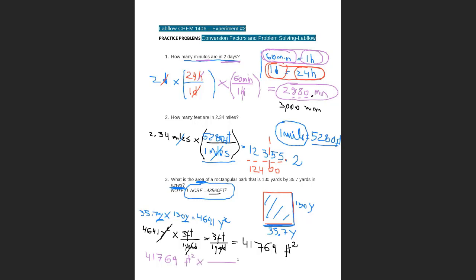What do I need to write up? I will use this equality. So tell me, I want my answer to be in acres. What should I write on the top of my conversion factor?